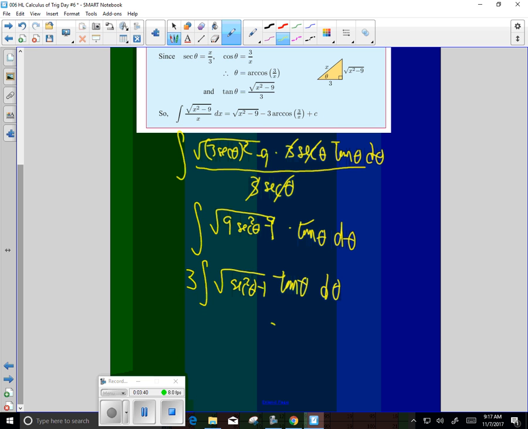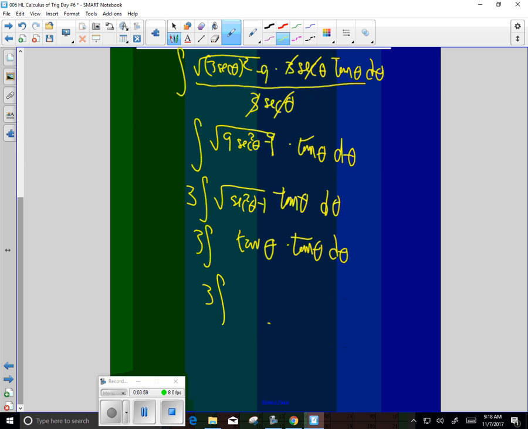Aha. So it's 3 square root of tangent squared times tangent. And what's the square root of tangent squared? Tangent. And what does this whole thing simplify to? Tangent squared theta. Now that one's a little tough to integrate, but we can do it.